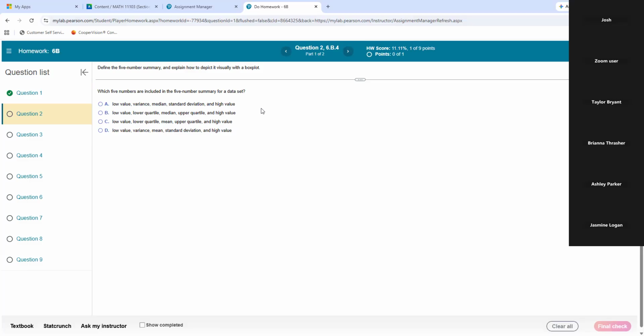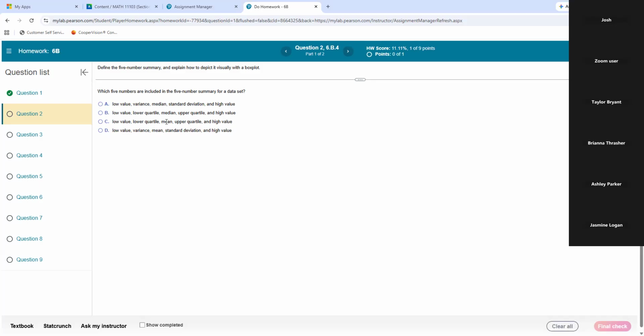Was it the low value, lower quartile, mean, upper quartile, high value? Or the low value, variance, mean, standard deviation, and high value? Well, two of them are exactly alike, other than one's using median and one's using mean.